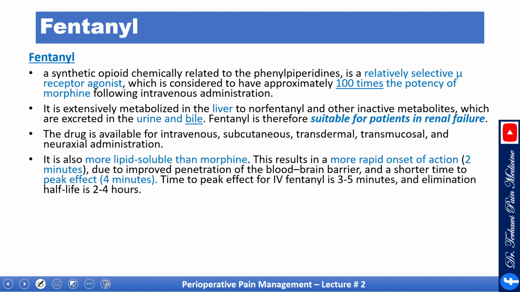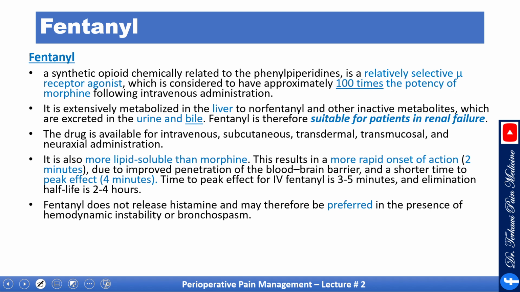It's also more lipid soluble, so it's lipophilic, as we saw, than morphine. This results in a more rapid onset of action, 2 minutes when given IV, due to improved penetration of the blood-brain barrier, and a shorter time to peak effect, about 4 minutes, and elimination about 2 to 4 hours.